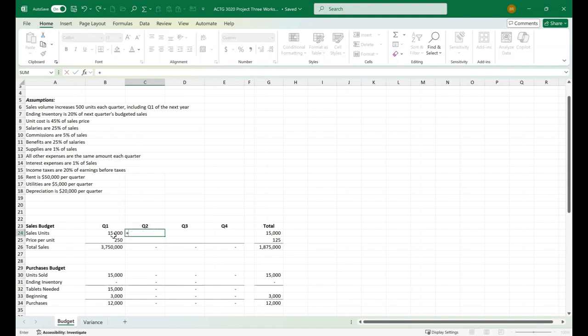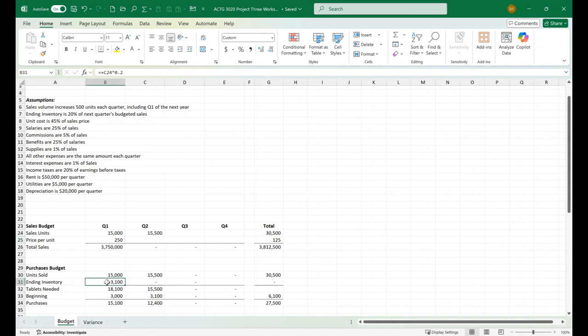Well, let's do this correctly. This plus 500. Ending inventory is 20% of next quarter's budgeted sales. So ending inventory here is going to be 20% of next quarter's sales. So you see we've got this automatically figured here.